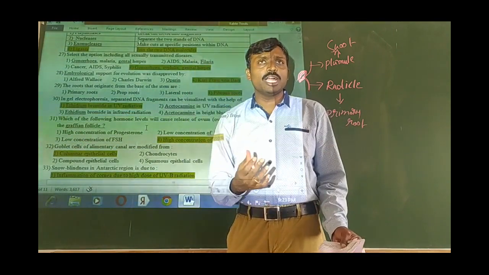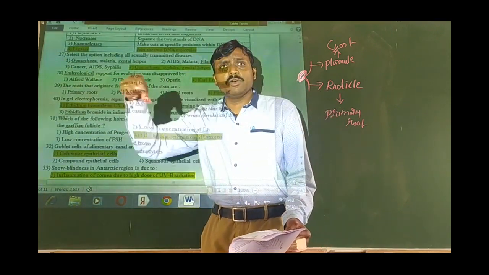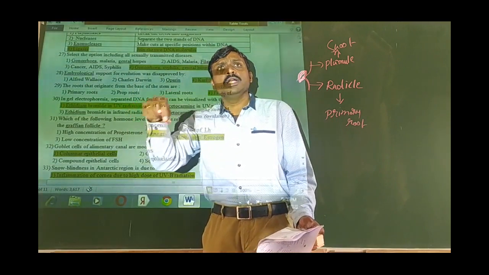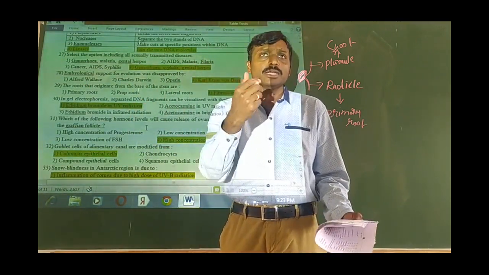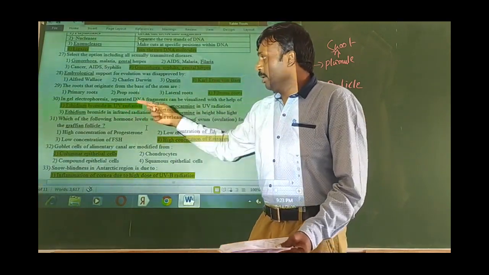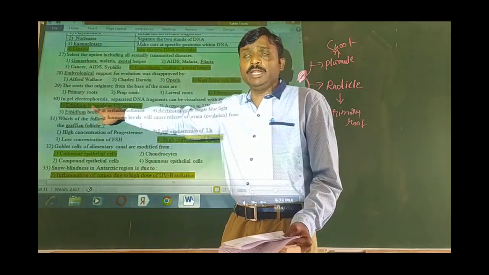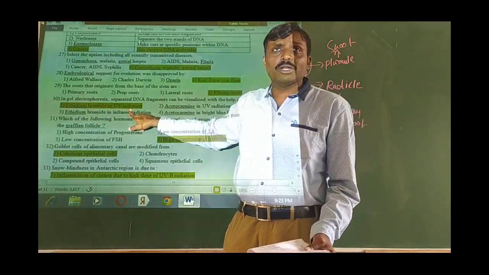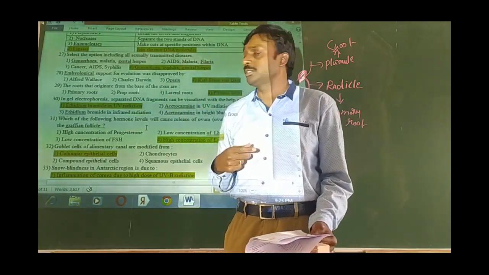In the UV chamber, we will observe small and larger orange colored bands on the electrophoretic plate. Those are nothing but fragmented DNAs. So this is the answer: ethidium bromide, exposed to UV radiation for visualization of bands.